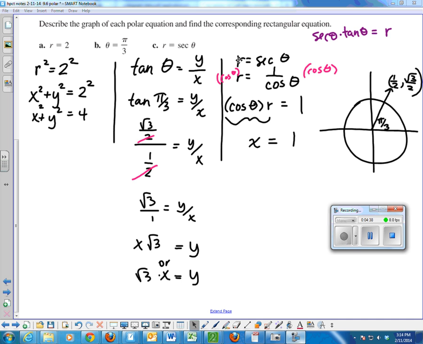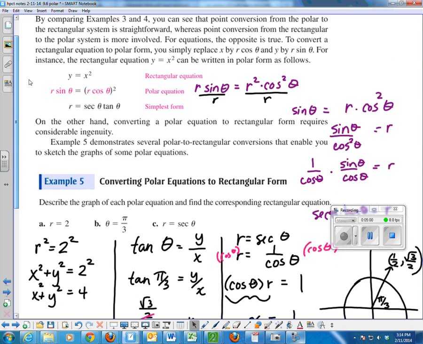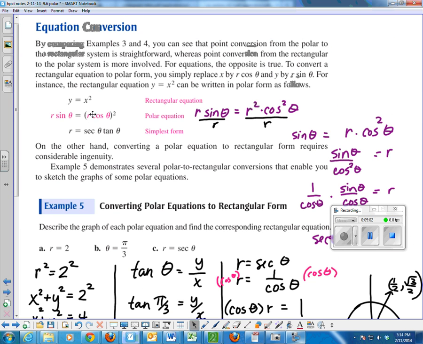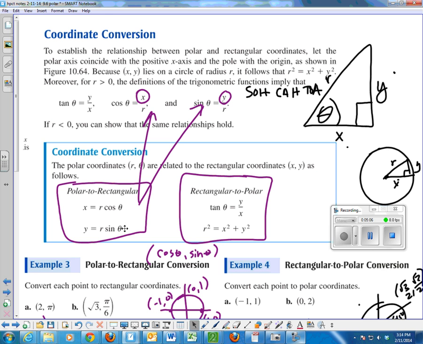Okay, so we have for part C, r equals secant theta, and secant is 1 over cosine theta. So we have r equals 1 over cosine theta. You can multiply both sides by cosine theta, so that will cancel it on the right side, and on the left side you'll have cosine theta times r. If you remember back to right here, the substitution x equals r cosine theta.